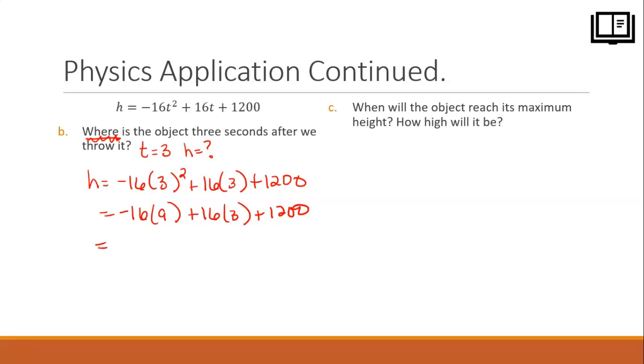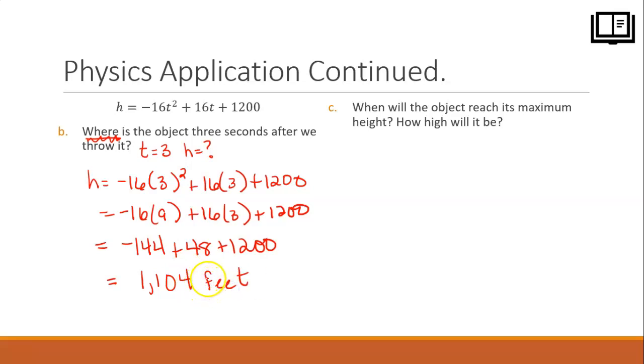So negative 16 times 9 is negative 144, plus 16 times 3, which is 48, plus 1200. And so the height 3 seconds after we throw it is negative 144 plus 48 plus 1200, and that gives me 1,104 feet.